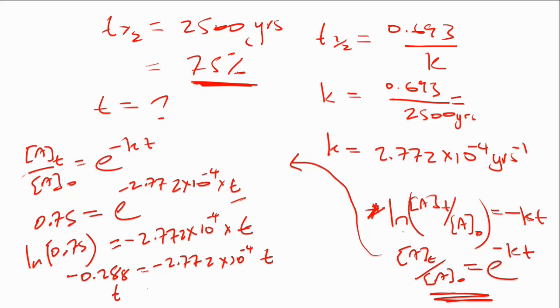Then clearly t is equal to minus 0.288 divided by minus 2.772 times 10 to the minus 4 reciprocal years. Remember this was in reciprocal years. And so the answer will be in years, of course, because reciprocal years is in the denominator here. Let's see what my answer will be.